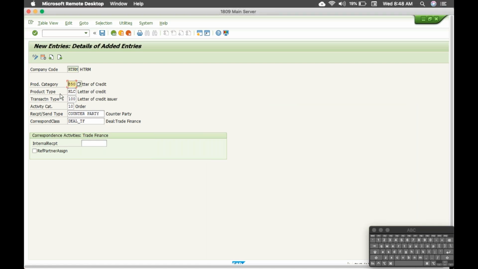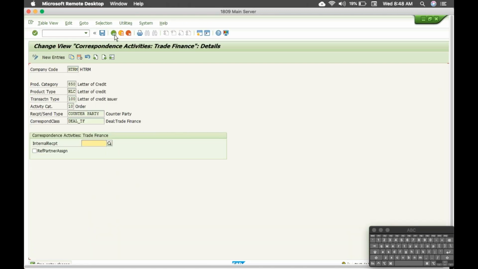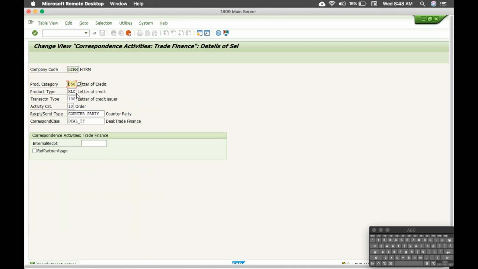Letter of credit: whenever you raise the issue, based on the order, the counterparty and also the letter will be updated. Select it, copy it. Letter of credit, transaction type receiver.